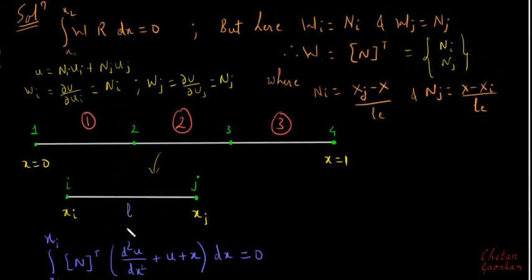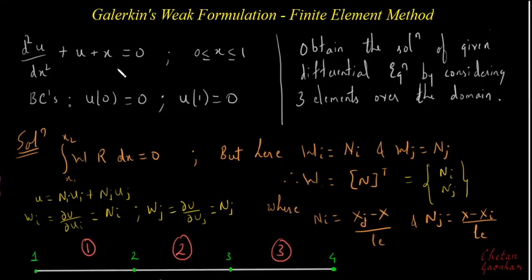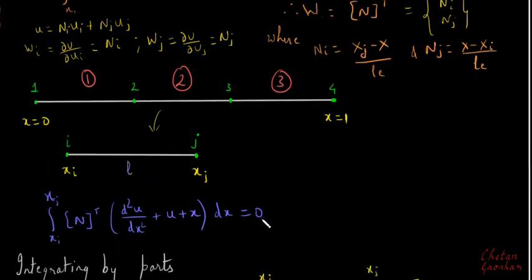In place of the weighting function, we will substitute n transpose, multiplied by the residual, dx, which will be equal to 0.